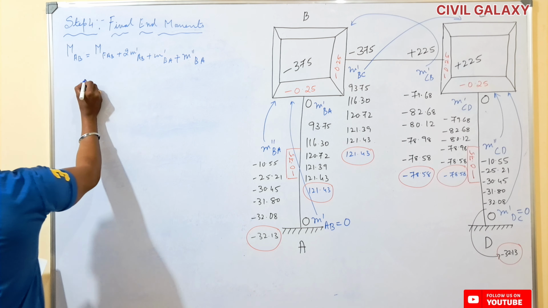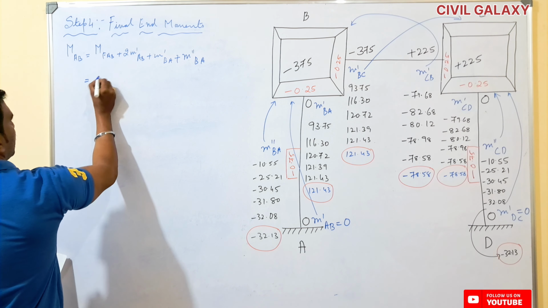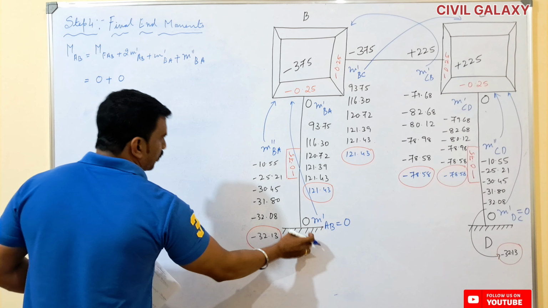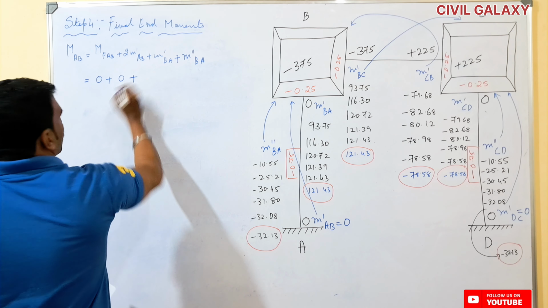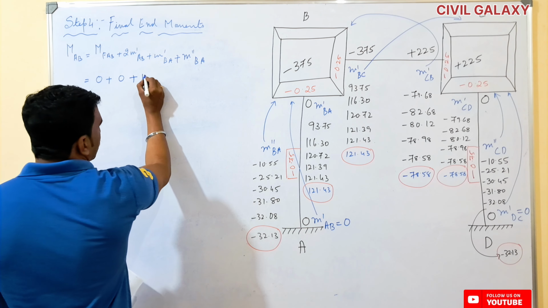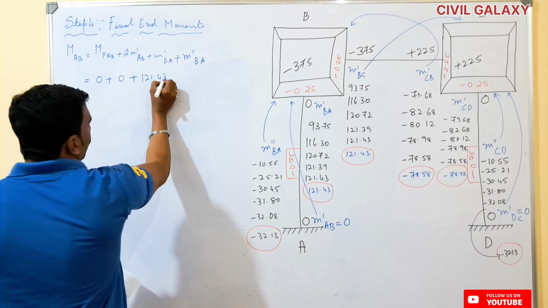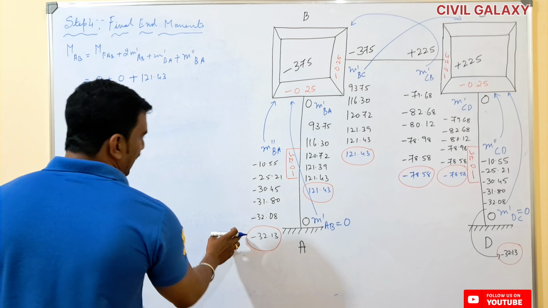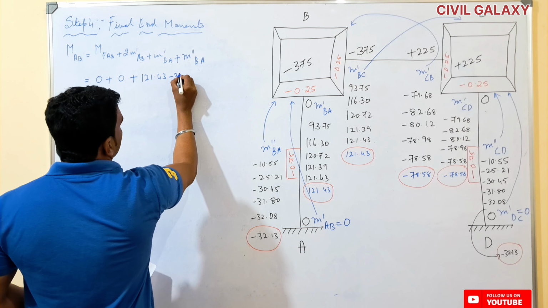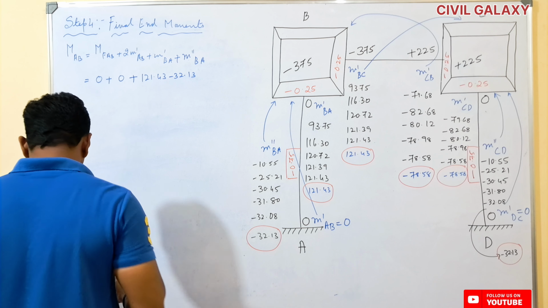So if I just apply the values over here, fixed moment about A to B is 0, about the near end about AB that is also 0, plus M dash BA. M dash BA we have considered the value over here which is 121.43, and M double dash BA, the displacement contribution, we have got a value of minus 32.13.